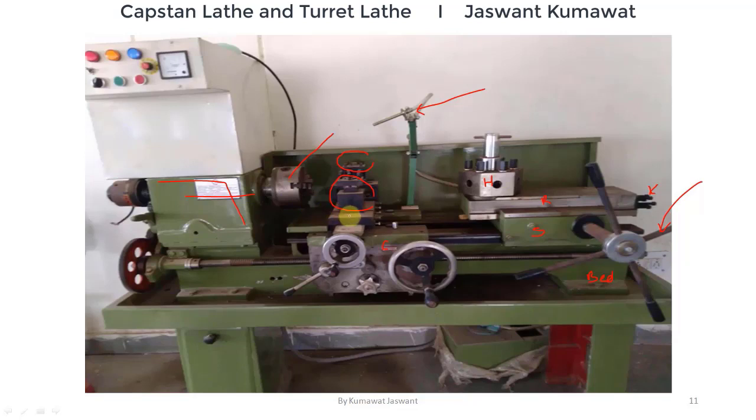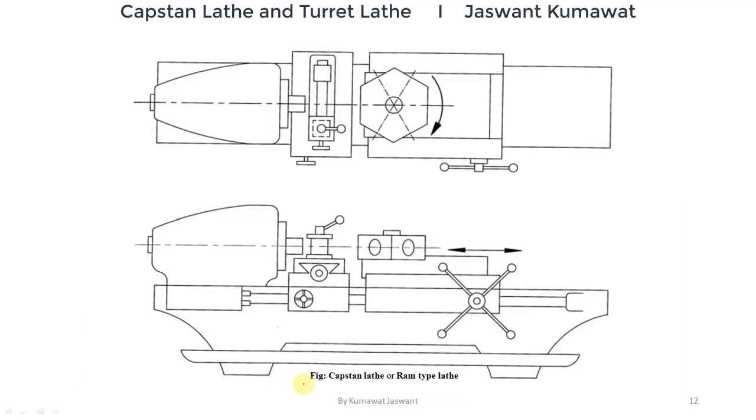The different motions that can be given to these tools and workpiece, we have studied all of them in the last class. For exam purposes, this diagram will help us understand the capstan or ram type lathe. This is the top view and this is the front view.